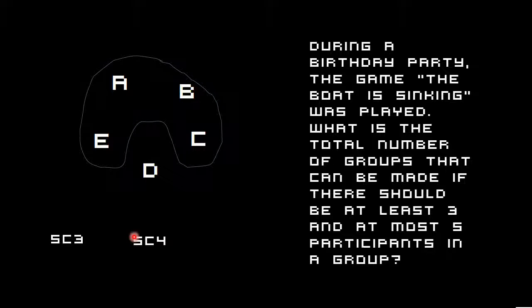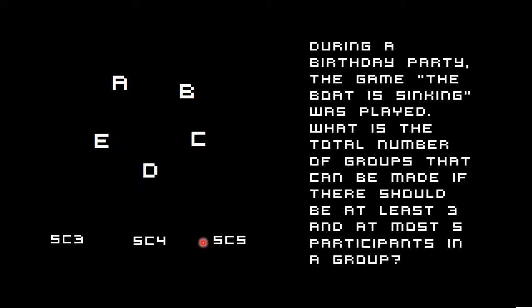And for a word using all 5 letters from the 5, we'll use 5 combination 5. Since we're looking for the total number of ways we can do a group, we'll just add these 3 together: 5 combination 3 plus 5 combination 4 plus 5 combination 5.